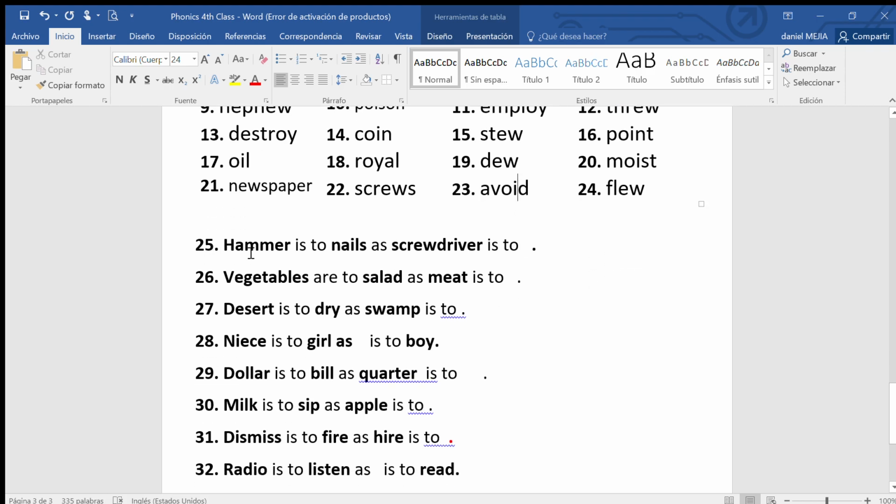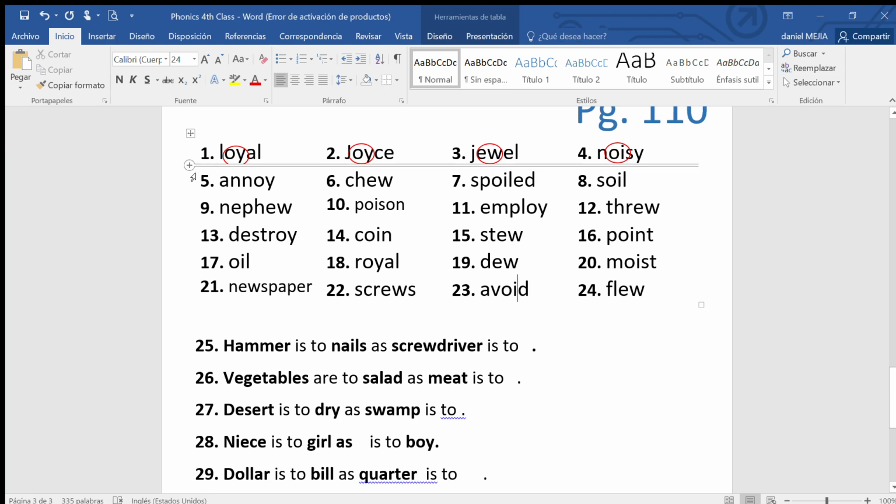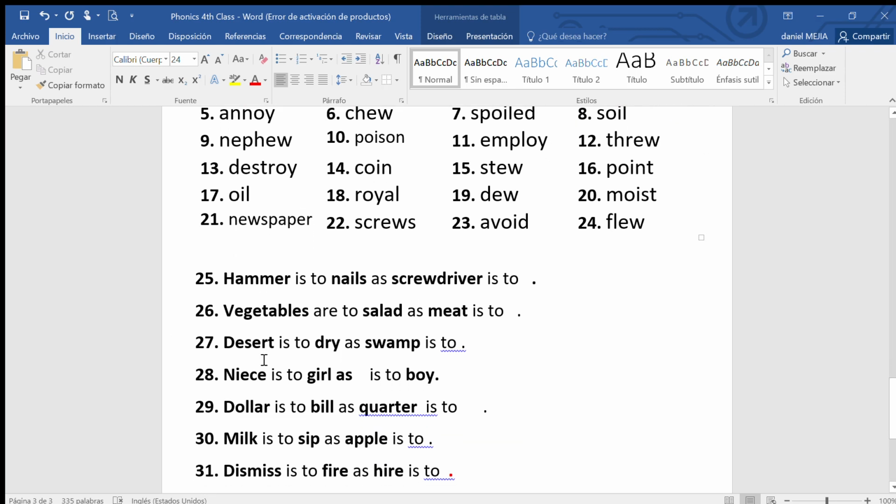Then we have, so we're going to use these words from the top to complete the sentences above, okay? It is an analogy. Remember, an analogy compares different things. So we have hammers are to nails, as a screwdriver is to screws.